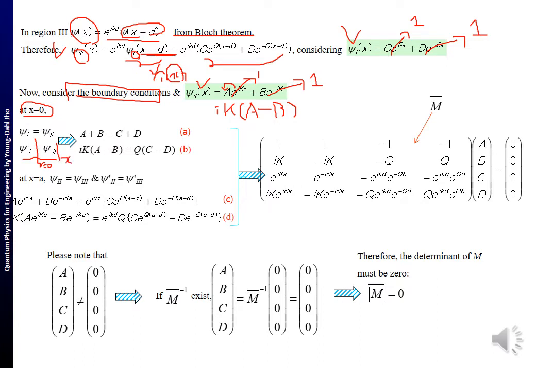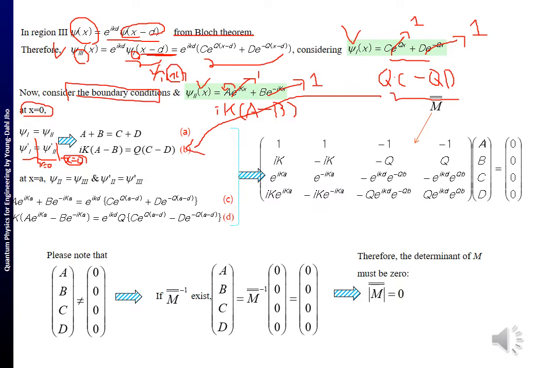In region 2, we go through the same procedure. We take the derivative, so q should be multiplied, and minus q should be multiplied. Then set x to be 0, so the exponential function becomes 1. So we have this one, like this.